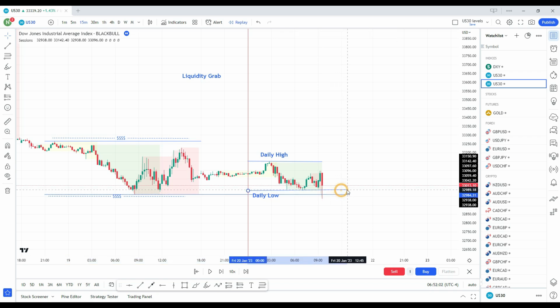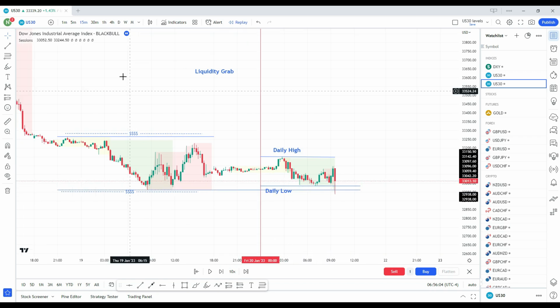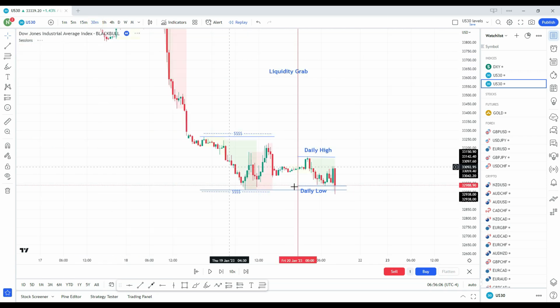So this is a perfect example of a liquidity grab. This candle has stopped out most of the traders, and we're now looking for buys.